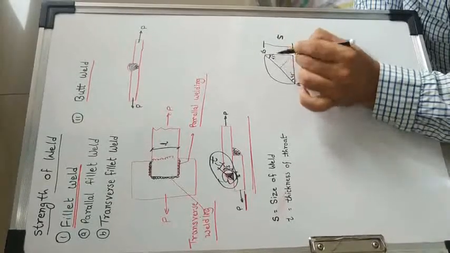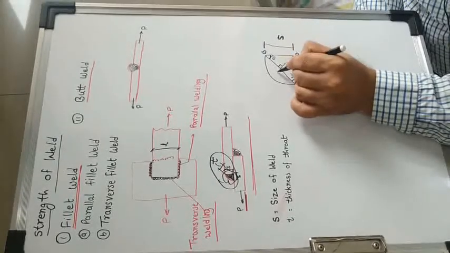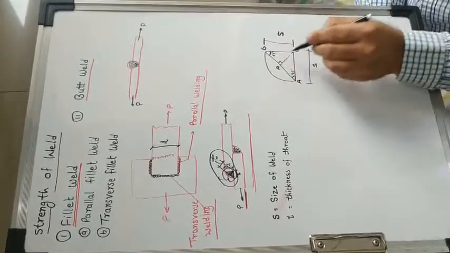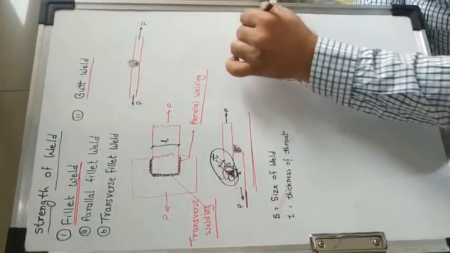It is also 45 degrees. Now I make one line here and put point P. This is called T.